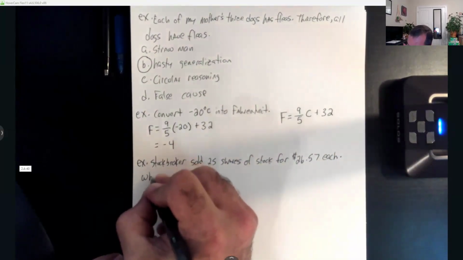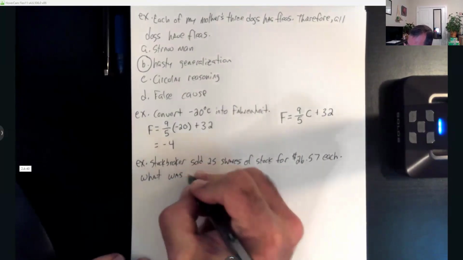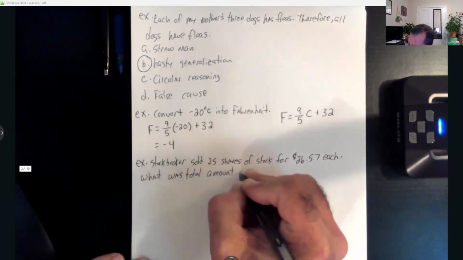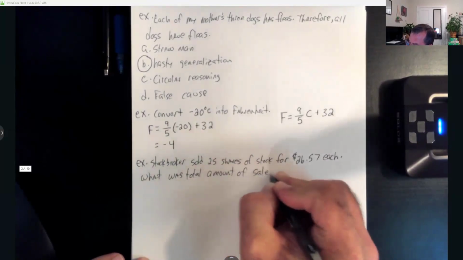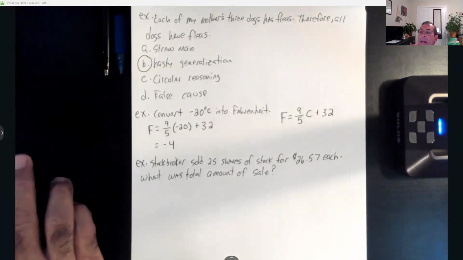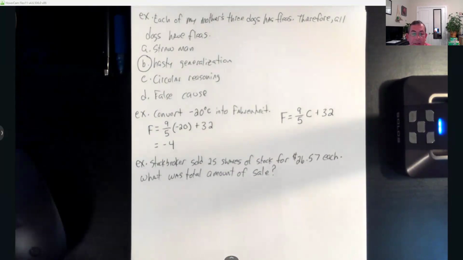They want to know what was the total amount of the sale. All right, and then they also tell us to round this one to 2 decimal places.